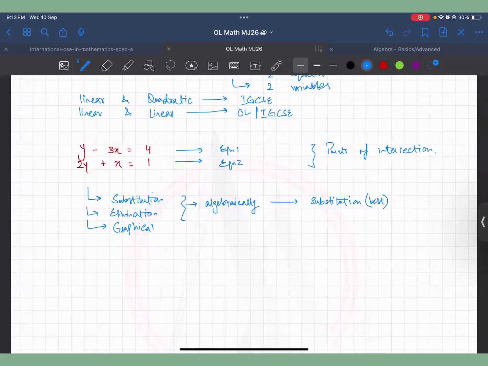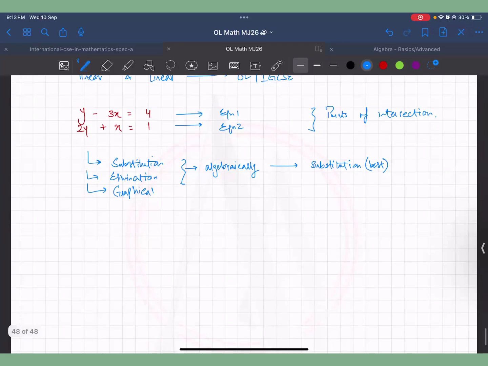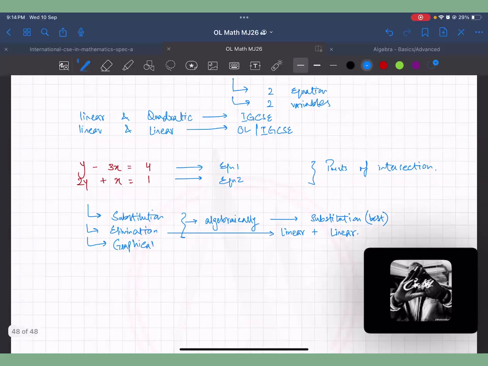The elimination one will save you time, but it will only work when your equations are both linear. So the IGCSE people, I would prefer you to use substitution when you have linear plus quadratic equations. But for both the IGCSE people and the O level people, the substitution method is the best one.